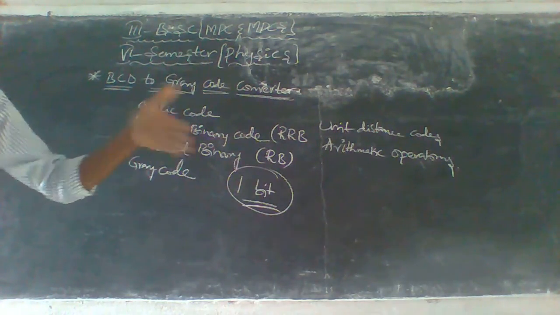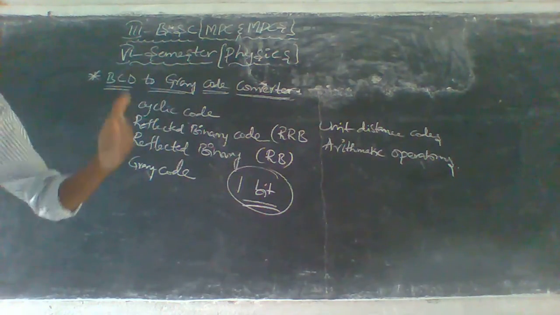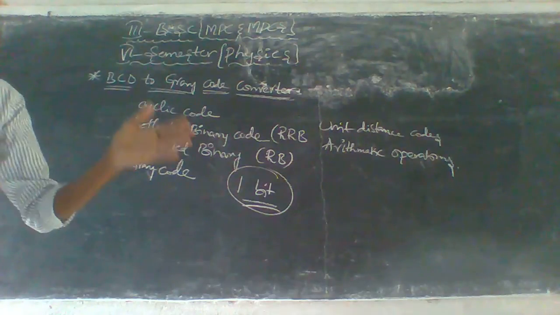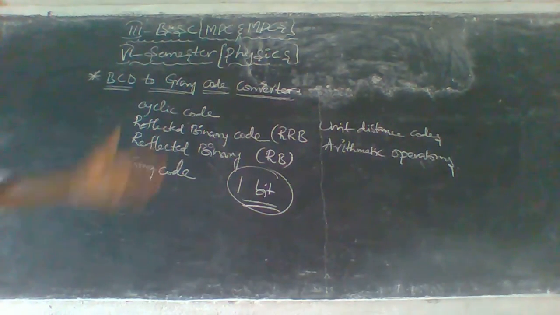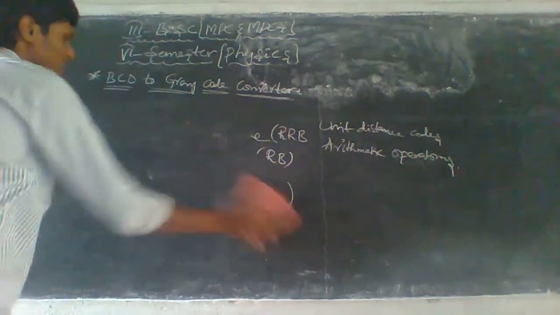Gray code can be difficult to understand initially, but becomes much easier when looking at the Gray code table.